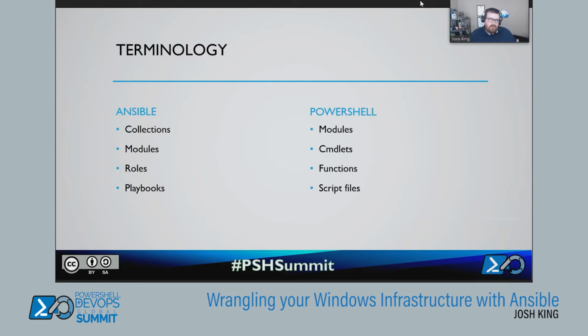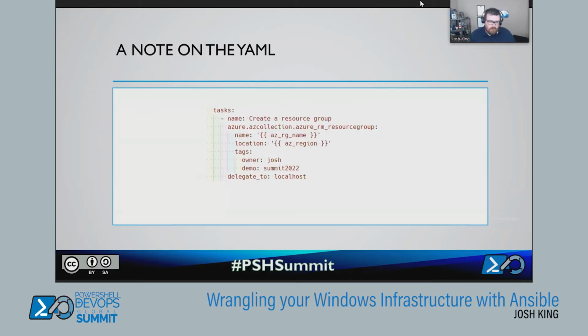Now, Ansible is all YAML, and I wanted to chuck a quick slide up here to go through what you're going to be seeing in the demo, just so that it's not too confusing when we get into the code and just see a whole lot of it. So yeah, Ansible uses YAML, and it'll look a lot like this.